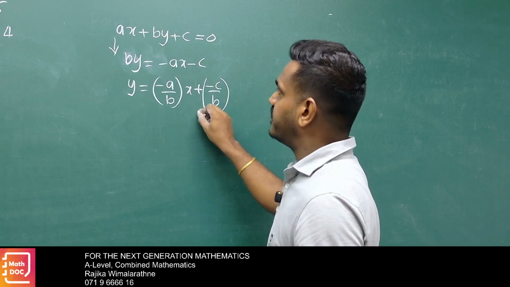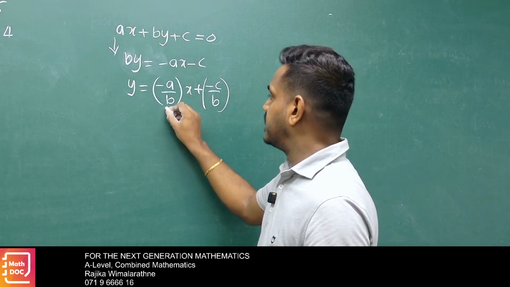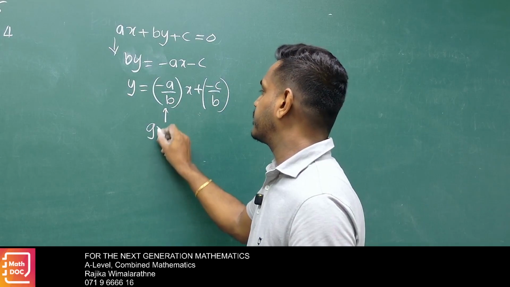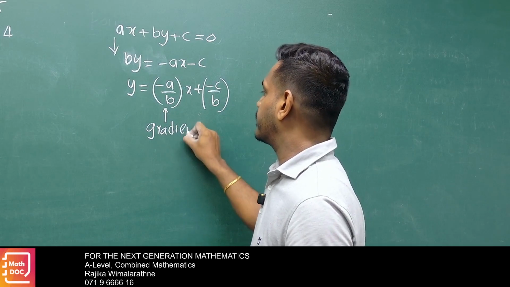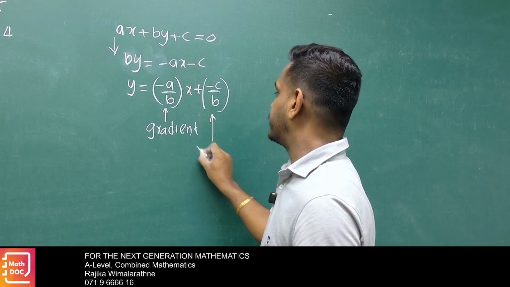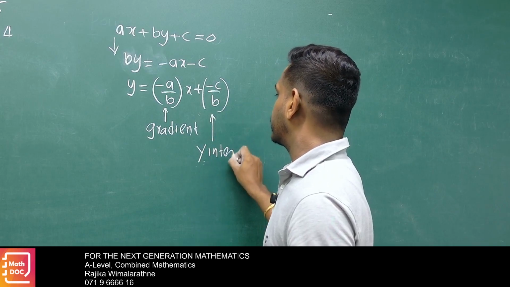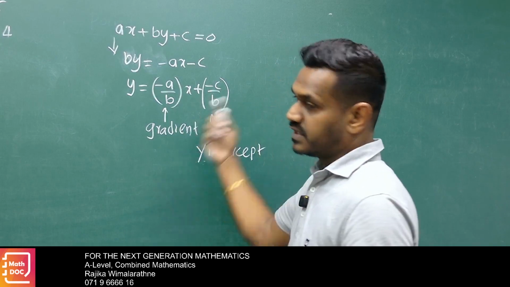Then this is the y equals mx plus c format. Here we call gradient, and here we call y-intercept. Likewise, we can convert the general form.